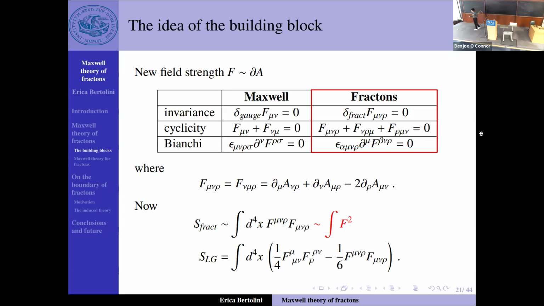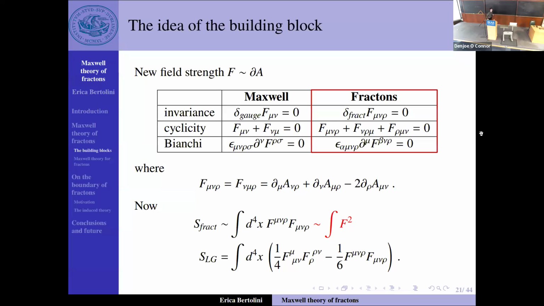This is surprising because from this field strength you can write both actions, the fractonic one and the linearized gravity one, both in terms of this field strength. In particular, the fractonic one looks like a Maxwell term, like a squared term.